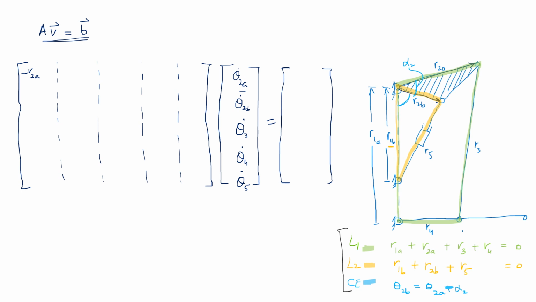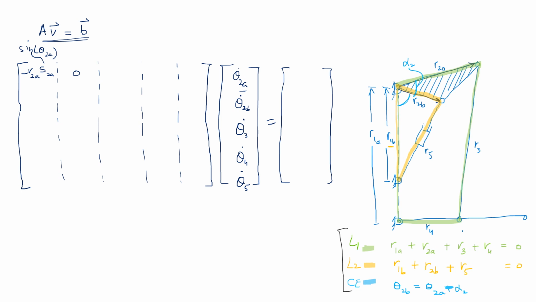So this is going to be s, sine of theta 2a, just for the sake of brevity. Then this is going to be 0, as there is no theta 2b dot term in that.